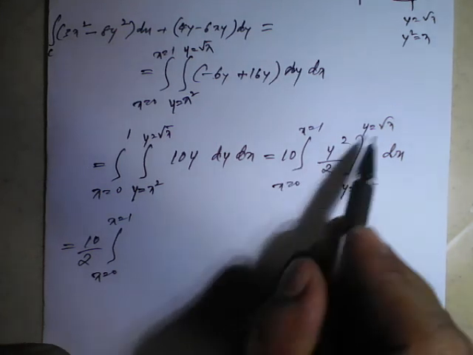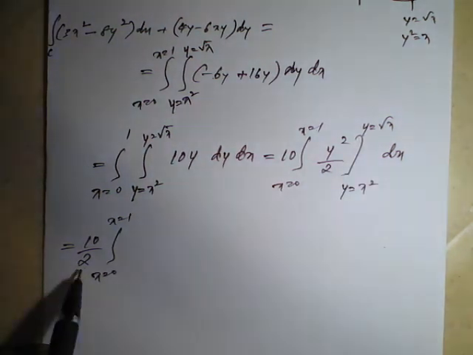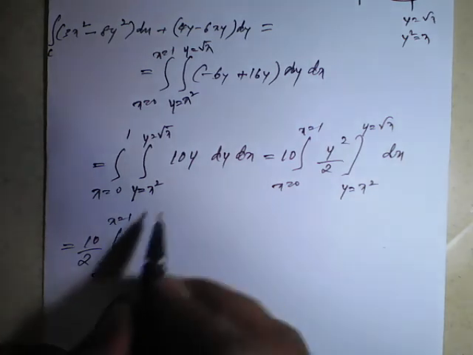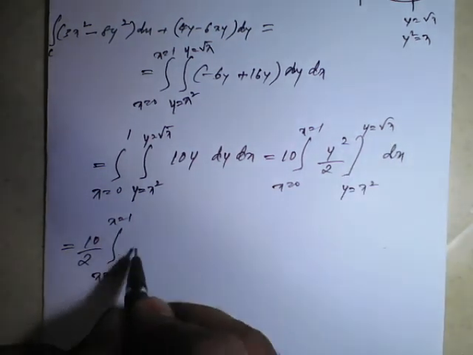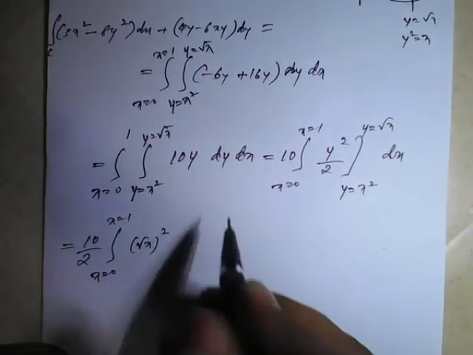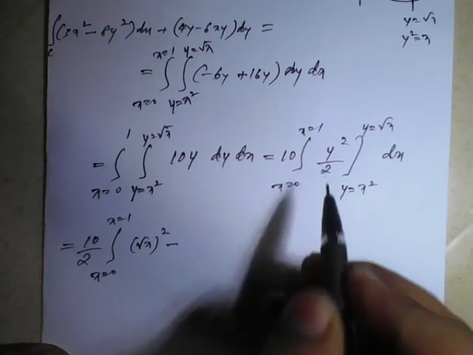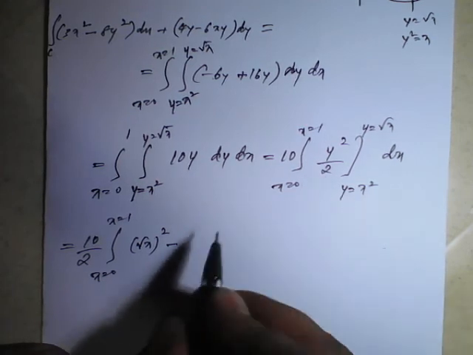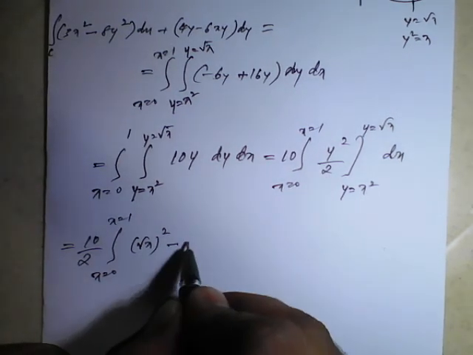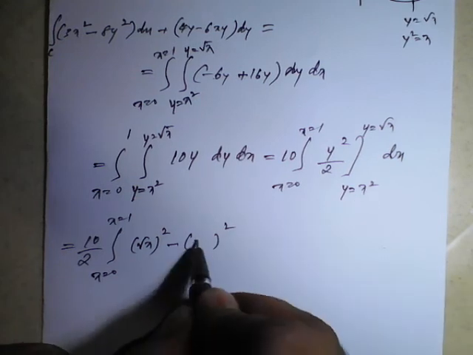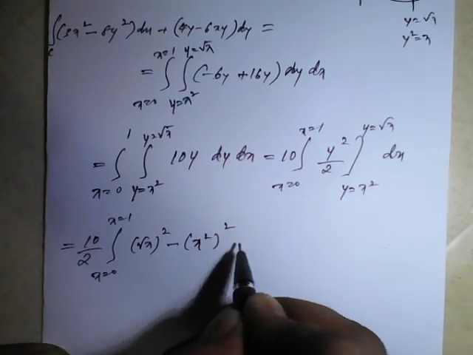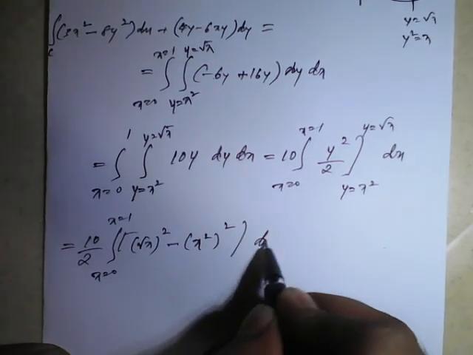So y square, apply the upper limit, these two I have taken already outside. The upper limit y square, y value is root x, it will become root x square, minus the lower limit, y is x square, so here we have y square, x square whole square, into dx.